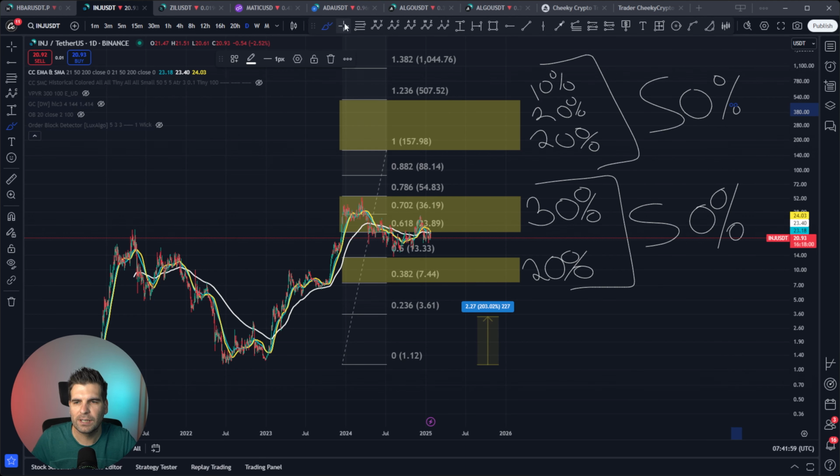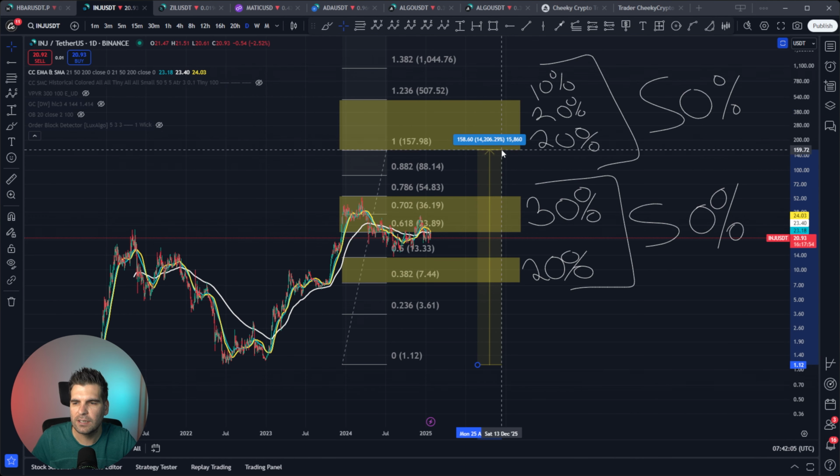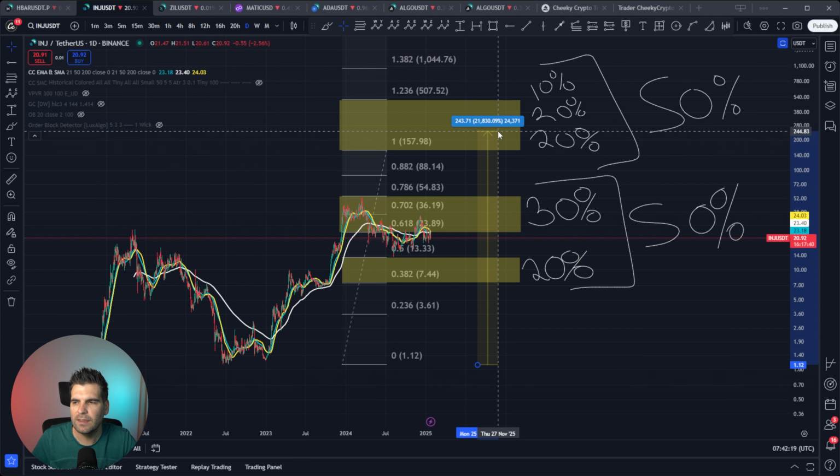So let's break that down. Obviously, it's a little bit hard to know exactly what that might mean, but if we go for the low side initially, that's about a 142x position. That's a 14,200% move. Okay, and then the next one might be around the $200 level, maybe a little bit higher than that, maybe let's say $250.